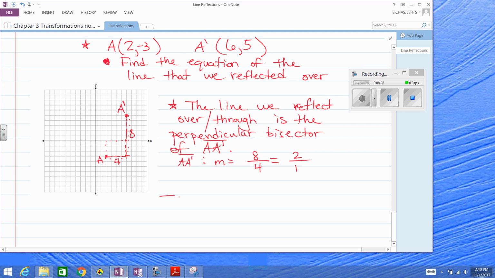And so a perpendicular line to AA' is going to have a slope of -1/2. Now, what point do we go through? The point we got to go through is the midpoint of AA'.